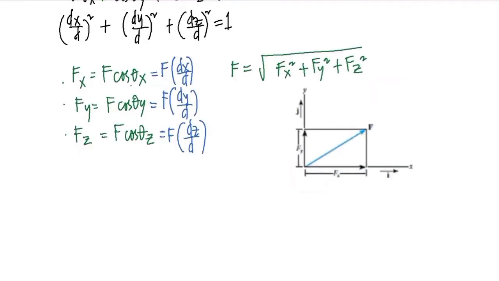So for the rectangular representation of this vector F here, we can say that F is equal to f multiplied by, so that is just the sum of these components here. So that's cosine of theta x to be multiplied by the unit vector in the direction of x, that is the i.